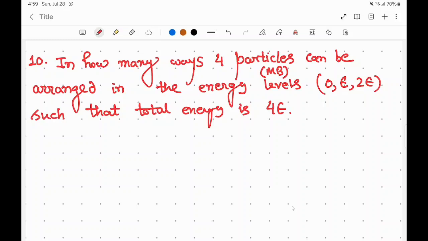Three. How? 0 4 0, 2 0 2, and 1 2 1. Yes, but now you have to calculate the W, the weightage factor, for each configuration.